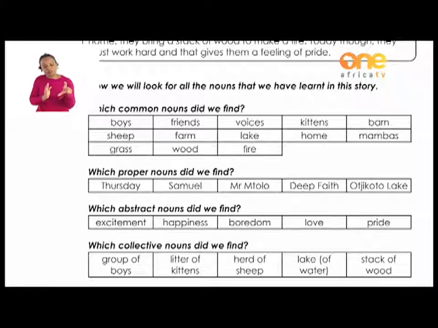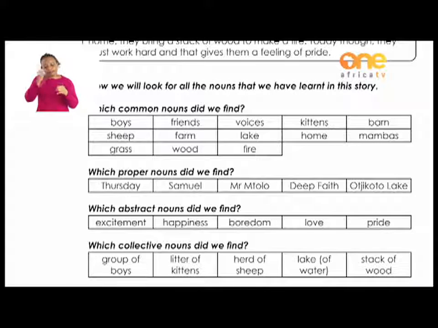Okay, moving on to abstract nouns. What did we find in the story? We found, Chanel, what did we find? We found excitement. I want you to smile because you are excited. Happiness, boredom, love, pride.